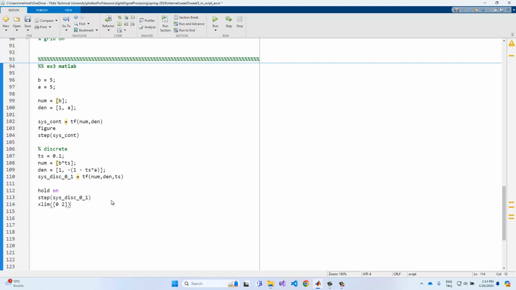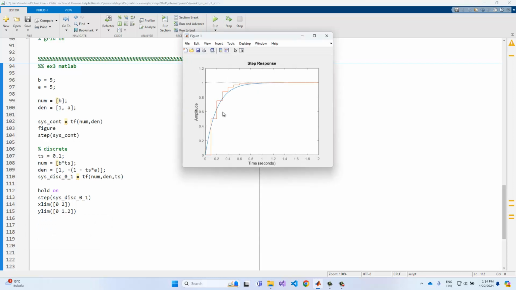Okay, and so x lim 0 to 2 and y lim should also be given in here 1.2. These are the comparison for the discrete and the continuous time output.